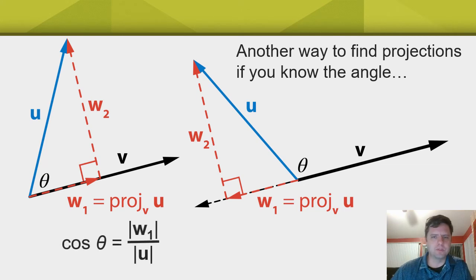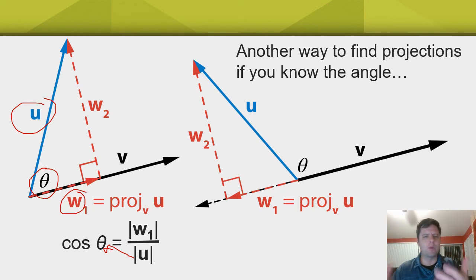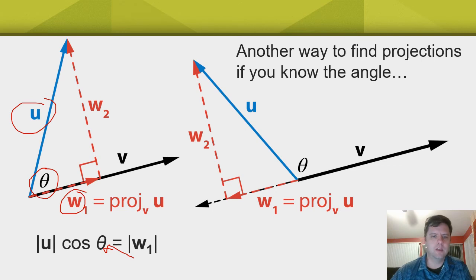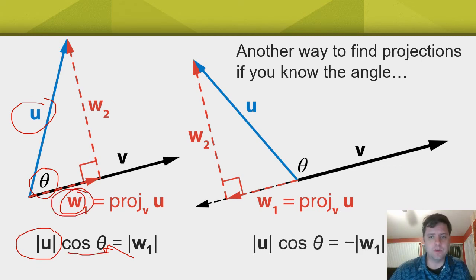So for example, cosine of theta here is just W1 over U. And so we can, again, multiply this up or divide this over, rearranging it however we need depending on what part we don't have. So all we get here is that the magnitude of U times cosine theta gives me W1. And also the magnitude of U cosine theta, notice here we get the negative of the projection, but it should still work the same.